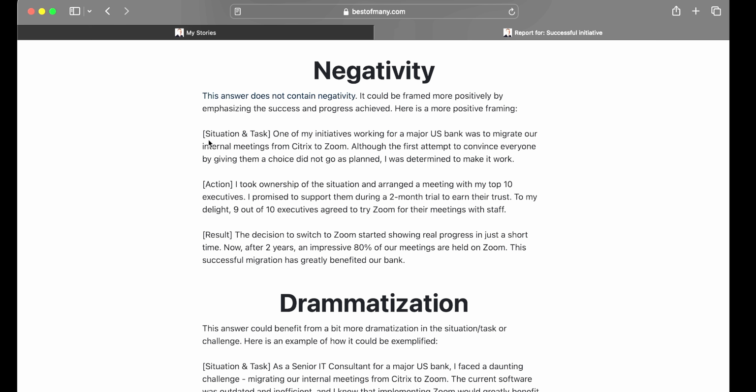You see, I took ownership of the situation, arranged a meeting with my top 10 executives, I promised to support them, and so on and so forth. The decision was to start showing real progress in just a short time, and after 2 years it worked, right? So it's framed a little bit more positively, but really the main thing with this filter is to see if your answer is a bit negative, and there are some instances where you could benefit from more positivity.